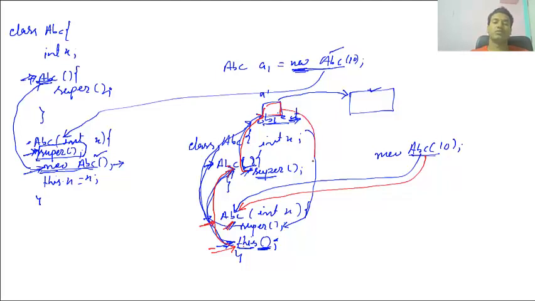Now when control comes back, it executes whatever statements are there, and then it comes back into this. So like this, for one object creation 2 constructors are called, but the object class default constructor you have used only once, right?